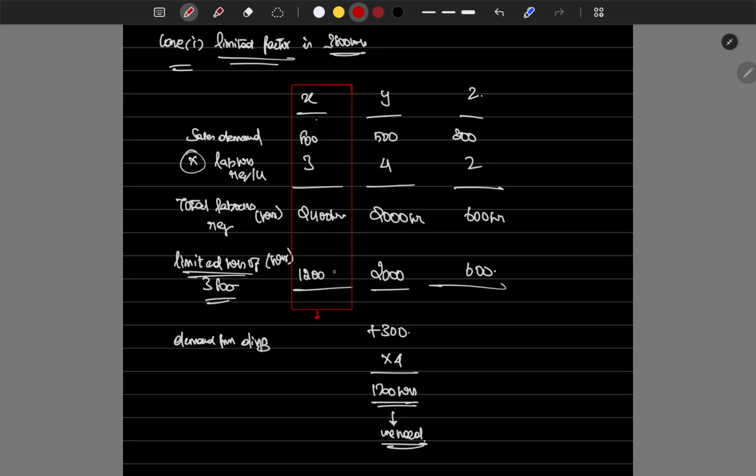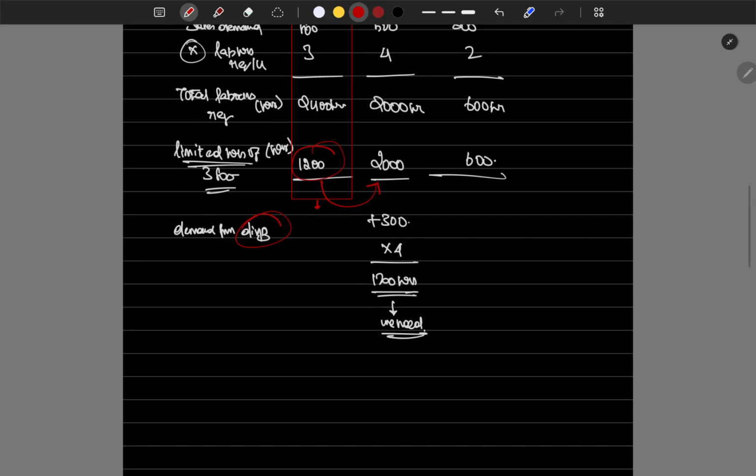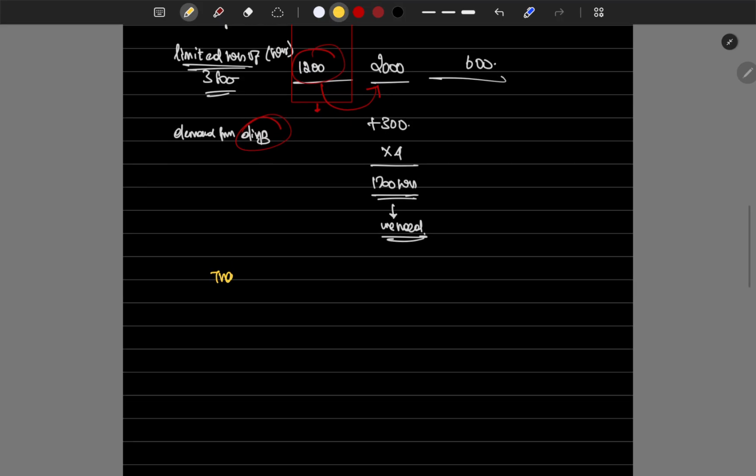Okay, so these 1200 hours will be used to produce product Y to satisfy the demand of division B, right? So what should be the transfer pricing for the 300 units to division B?